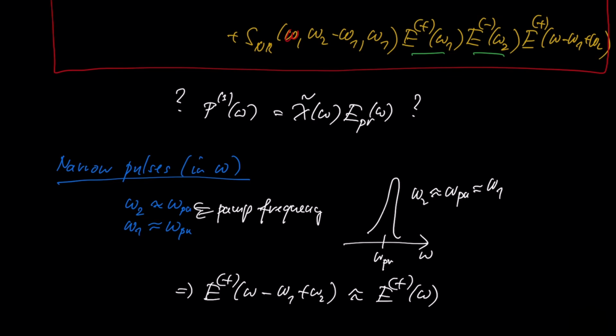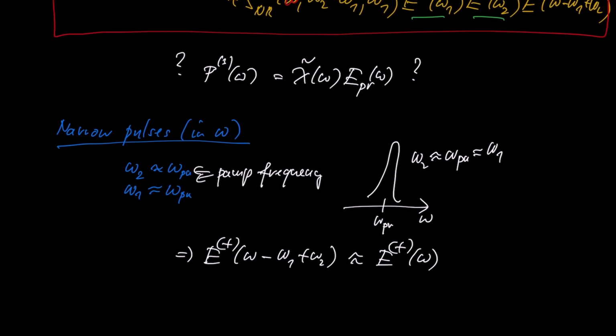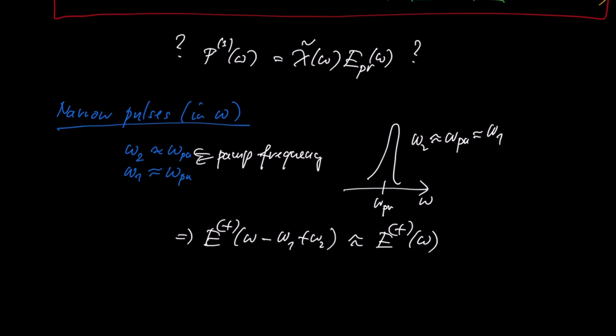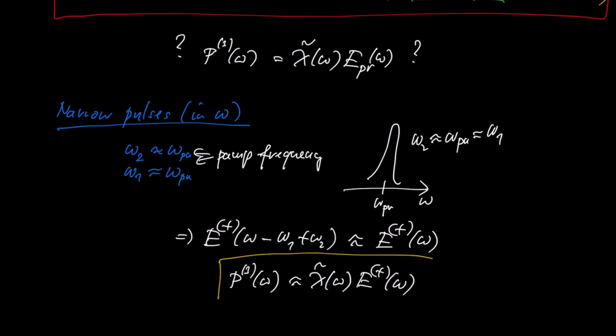So interestingly, thanks to the narrow excitation pump pulses, it seems that in our expression for P3 we can ignore the fact that the E probe has to be integrated also over omega 2 and omega 1, and we seem to have in this case truly, although approximately, this expression, there is chi omega E plus omega, which is fine, which is what we wanted.